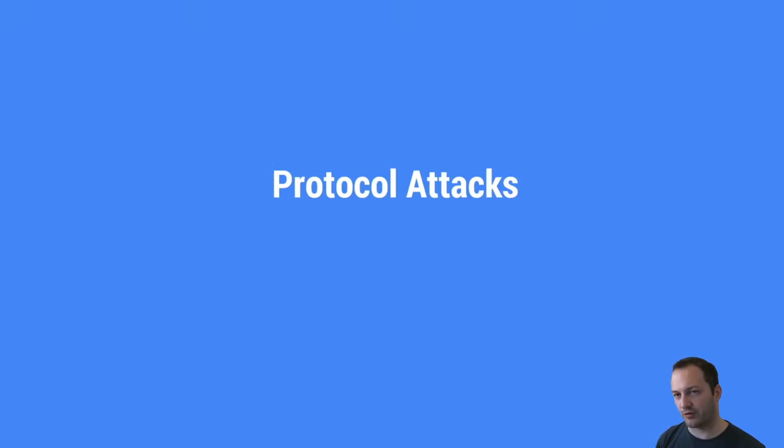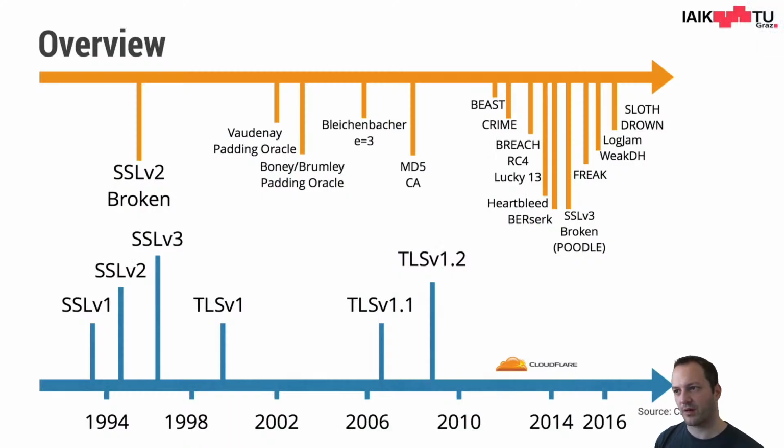The last group of attack vectors I'd like to speak about regarding TLS are so-called protocol attacks. Over time, different protocols have emerged for TLS, and with them also different attack scenarios. And they have over time received some famous names like Beast, Crime, Breach, Freak, Poodle, Logjam, Drown, and they're all affecting different protocols.